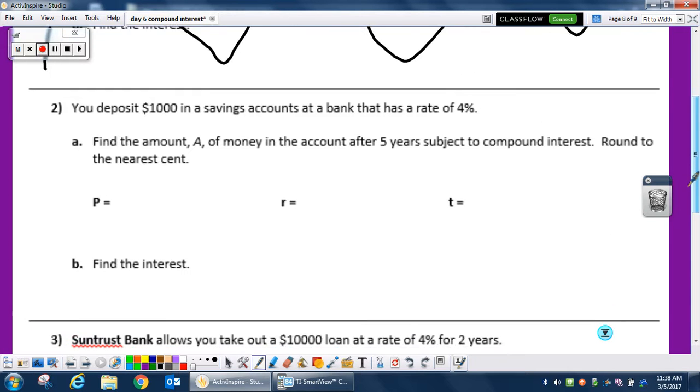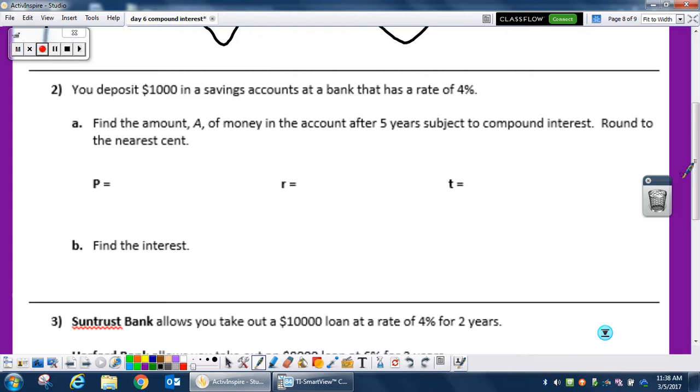So moving to number 2, if it helps you to define your variables a little more before you actually calculate, that might be a good idea. So in this case, you are depositing $1,000 into a savings account. So that means, again, you're going to earn interest. So the 1,000 would be your P, the R would be the 4%, T would be 5 years, and if I'm looking through this problem, I don't see any words like monthly, quarterly, or semi-annually, so this is once a year.